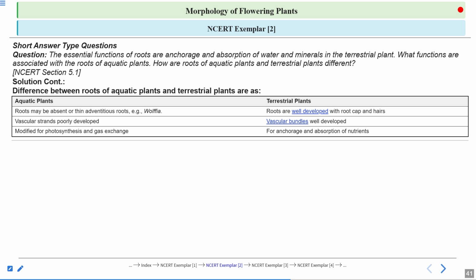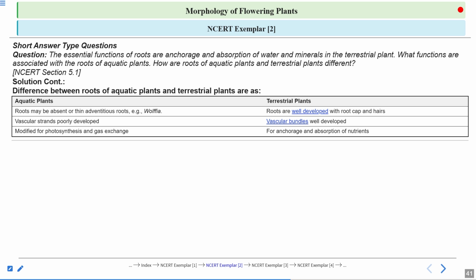Okay. Next point. Vascular strands are poorly developed in aquatic plants, because the plant is totally living in the water. So they can take water from any surface of their body, right?